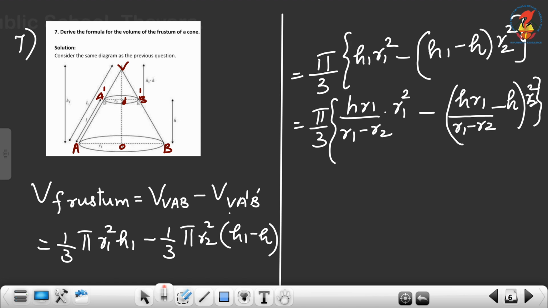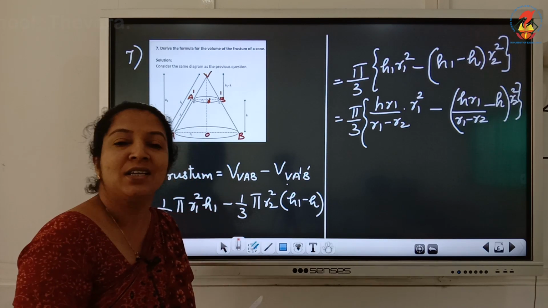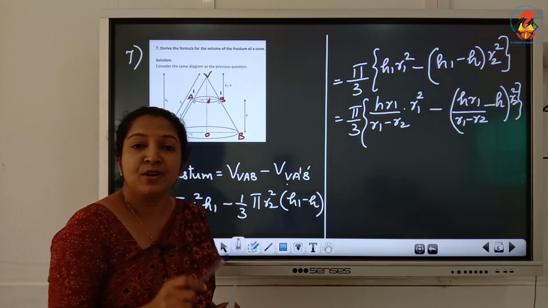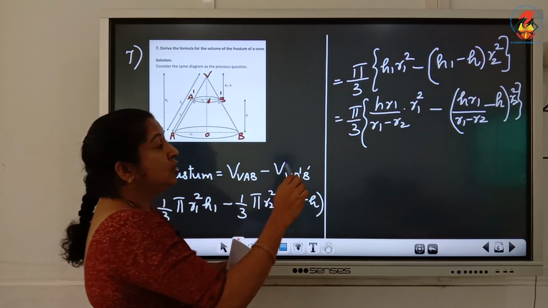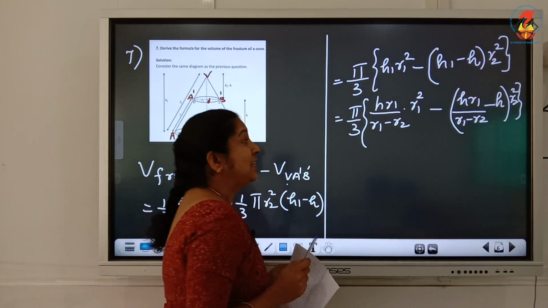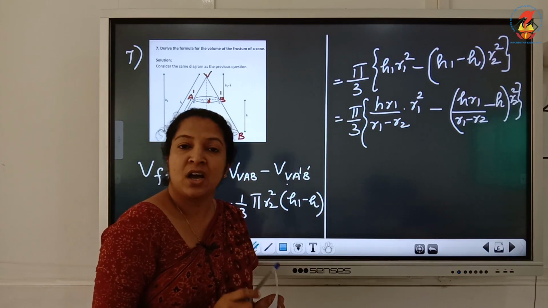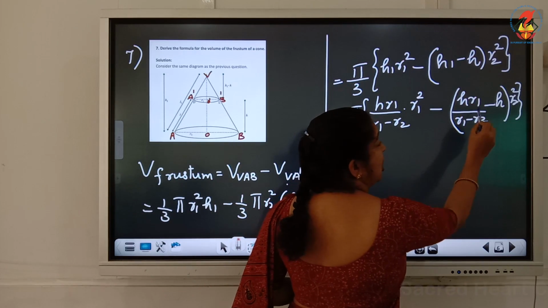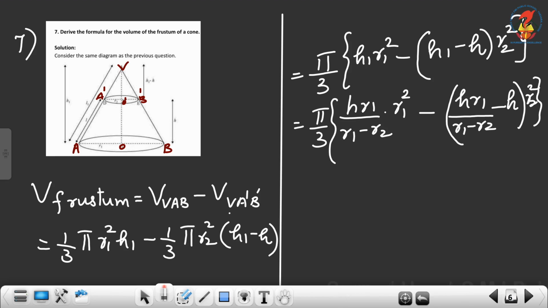Instead of h1 we have to write h1 in terms of h, because h is the height of the frustum. We need the height of the frustum. So, we can write this as h r1 divided by r1 minus r2 into r1 square minus h r1 divided by r1 minus r2 minus h into r2 square.